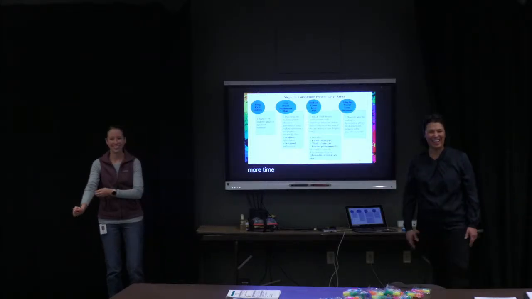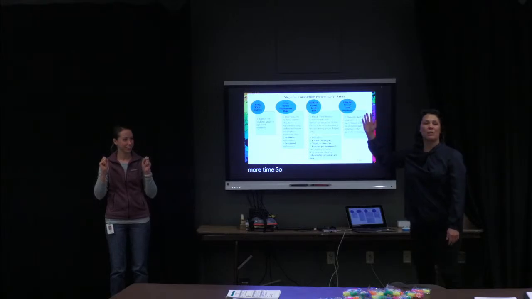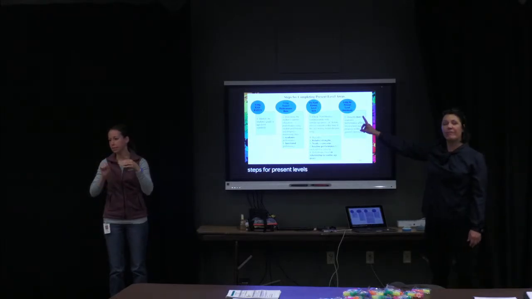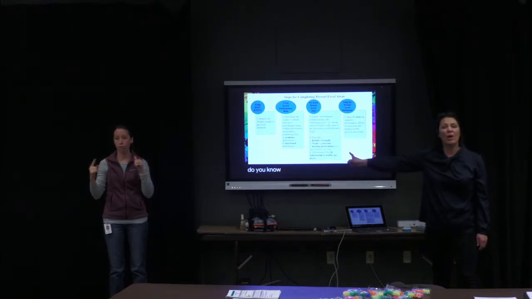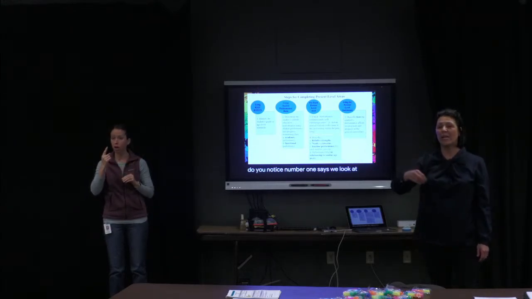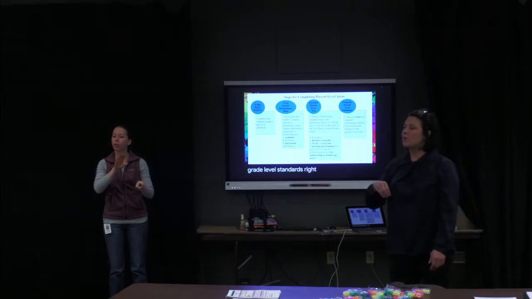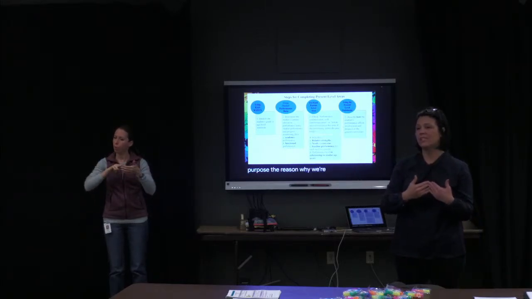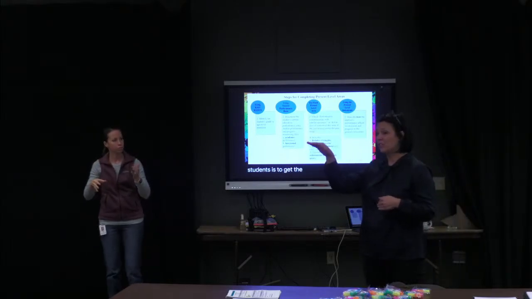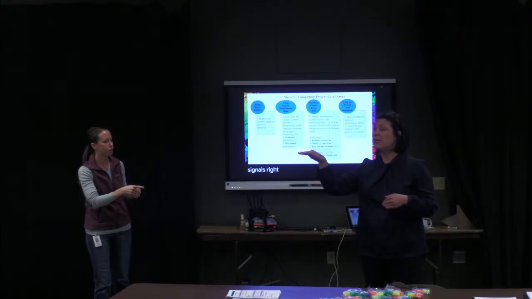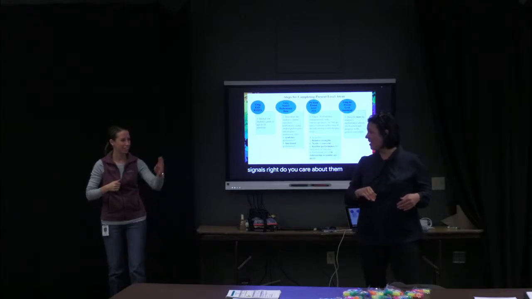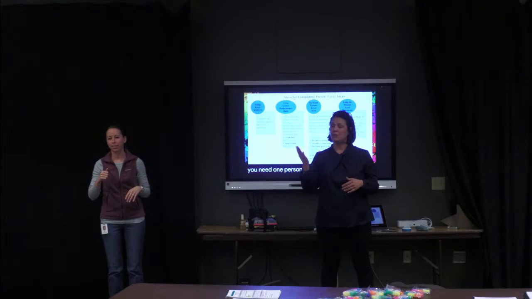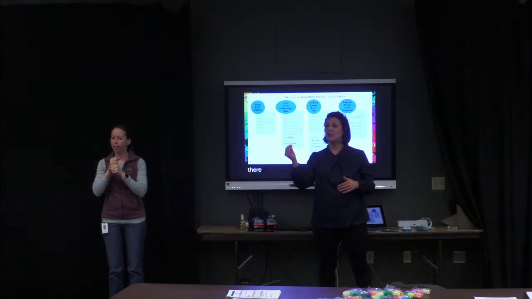Okay, all right. So we'll just walk through the basic steps for present levels. The first thing that we do, you notice number 1 says we look at grade level standards, right? Because our purpose, the reason why we're supporting our students, is to get them access to the grade level standards.